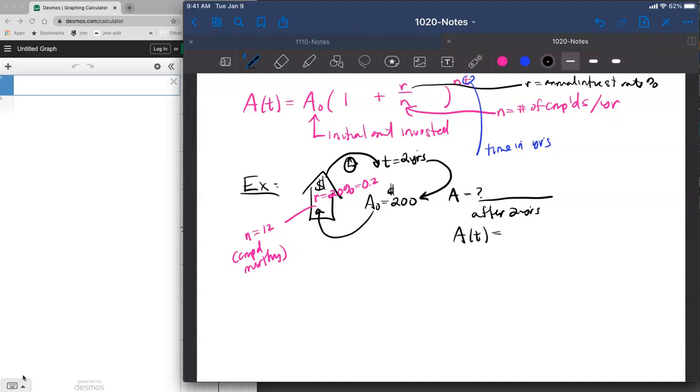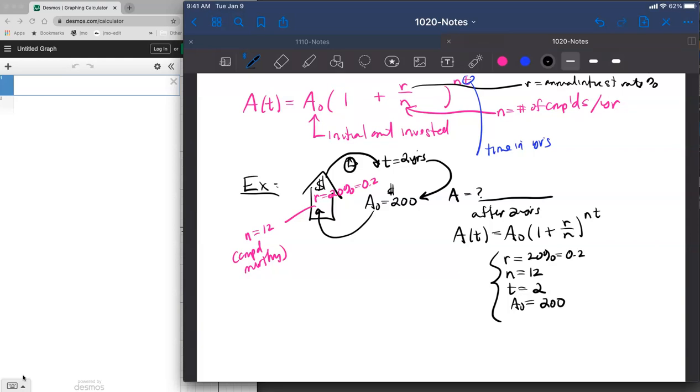We know r, n, and t, and we know A0, and therefore we can put these values in. A0 is $200, time is in years, n is equal to 12, and the interest rate is 20%, otherwise known as 0.2.